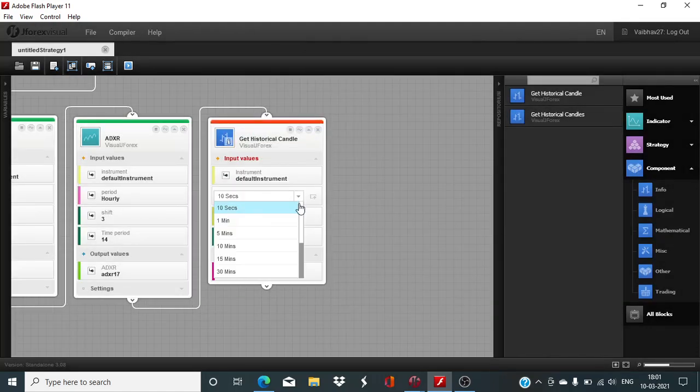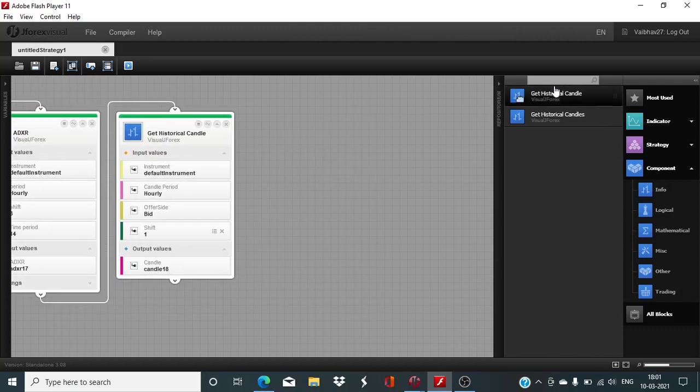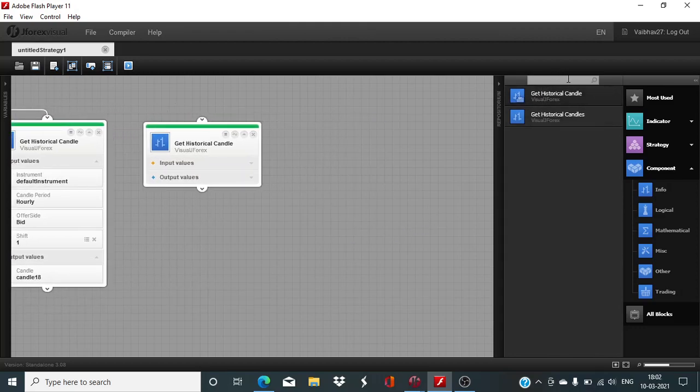So I will have to change this to hourly, and shift will be 1. One more. In all, we will need at least 2 more.